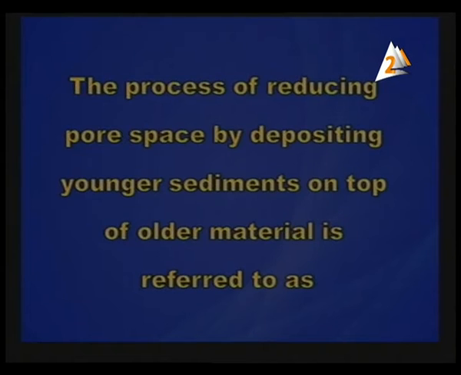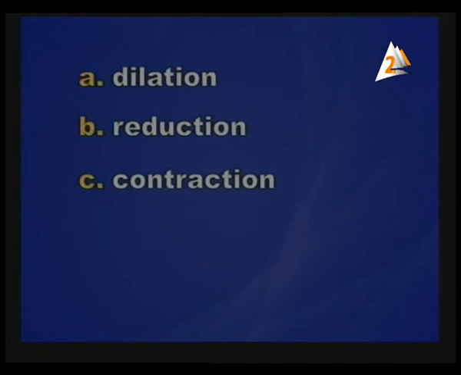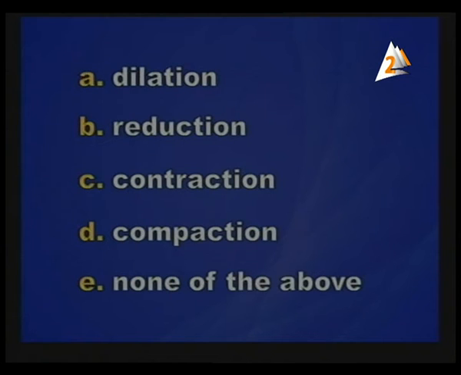The process of reducing pore spaces by depositing younger sediments on top of older material is referred to as what? This process leads to decreasing the pores in the sediments. This process is dilation, reduction, contraction, compaction, or none of the above.